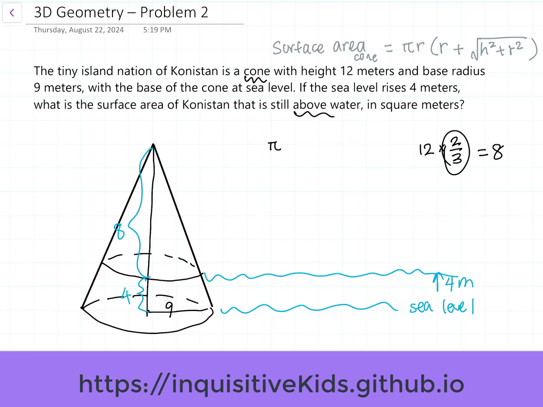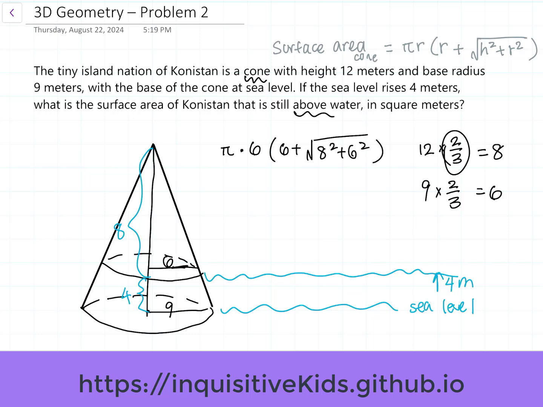So again, we know that their radiuses must be scaled by the same factor as well. The original radius was 9, so if we multiply that by 2/3, we get 6. So now we have found out the smaller radius, which is 6. So we can continue substituting. So we have pi times 6 times, and we have 6 plus the square root of the height squared plus the radius squared, which is 8 squared plus 6 squared.